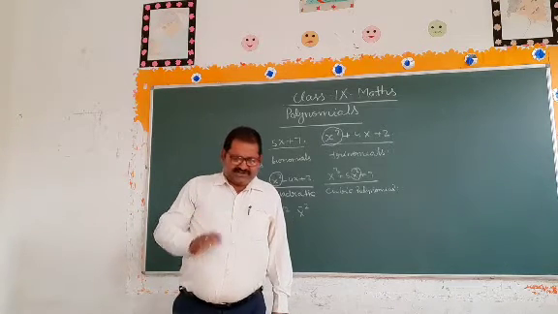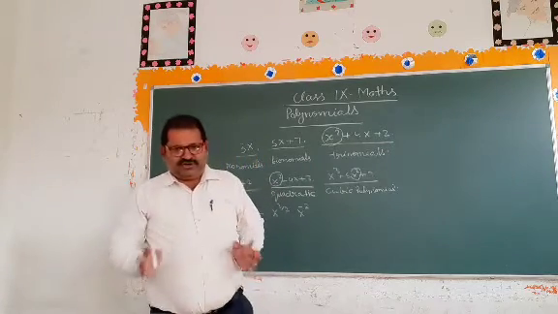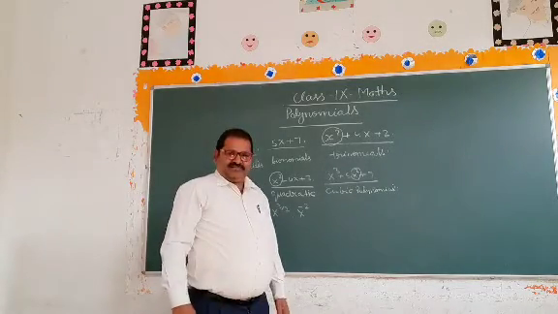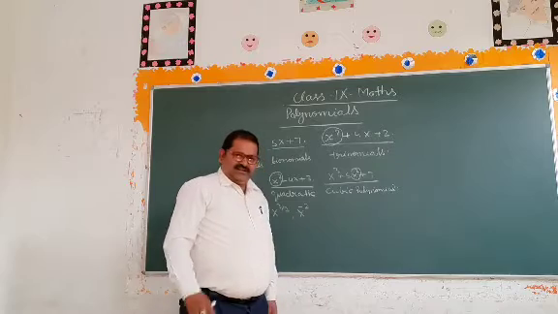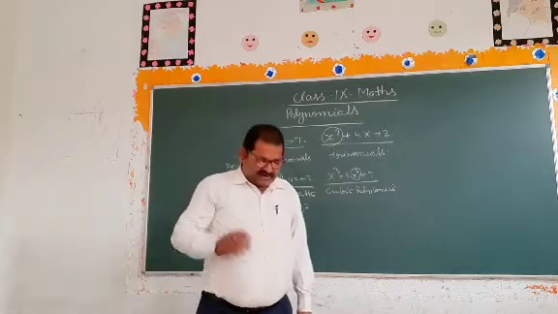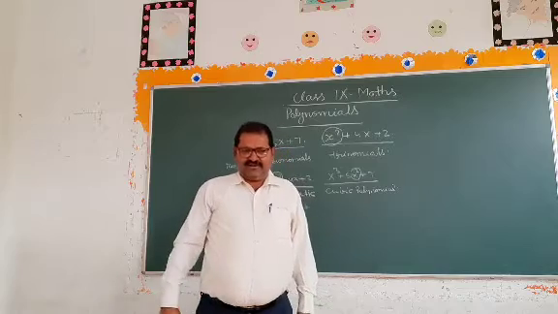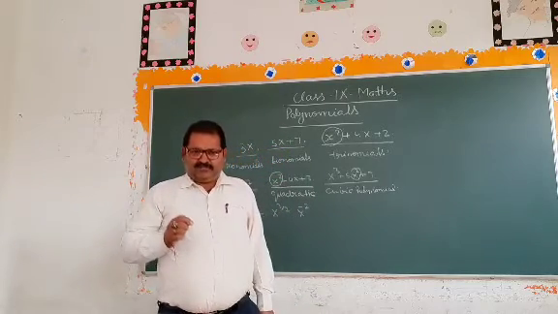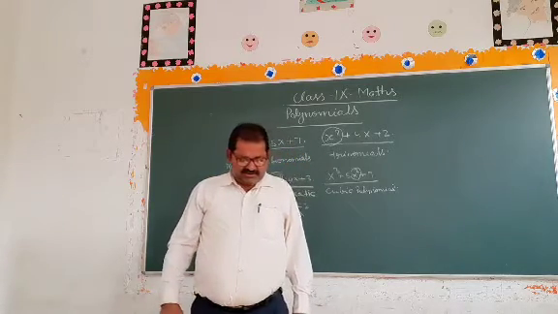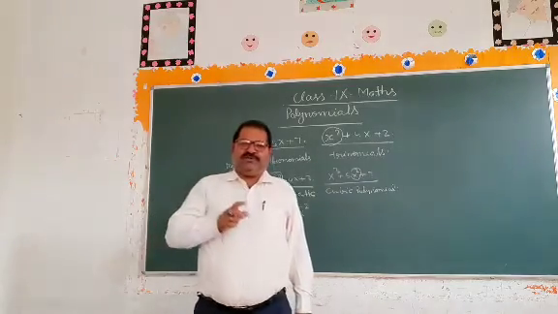Now let us discuss how to find whether an expression is a polynomial. The given algebraic expression 4x square minus 3x plus 7 is a polynomial. 3 under root t plus t under root 2 is not a polynomial.